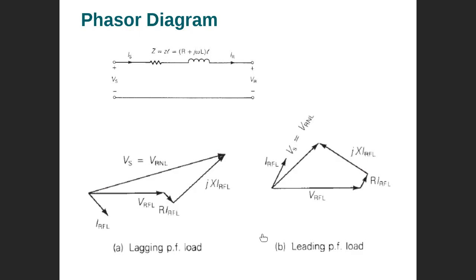But 0.99, 0.98 is good. So we don't prefer leading power factor, but we prefer one per unit, that is unity power factor. But too much lagging is not good.